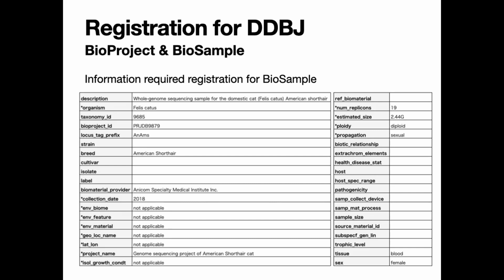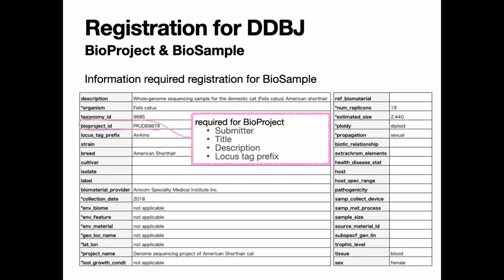We will explain the registration process to DDBJ. This slide shows the registration information for biosample. First, we register bioproject with data shown in the pink color box on this table.